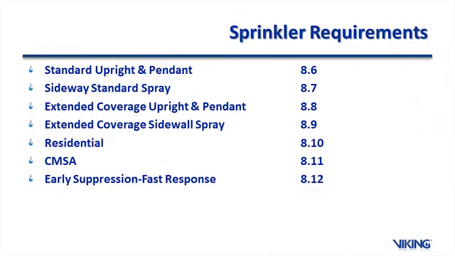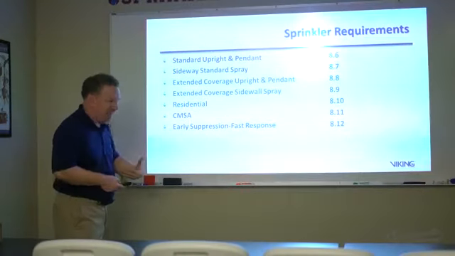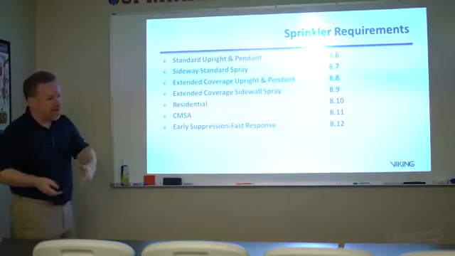So you apply all the general rules before that, 8.1 through 8.5, and then you apply standard spray pendant and upright. Not sideway, but sidewall sprinklers, that should be changed. Extended coverage sidewall, residential, CMSA, and early suppression fast response. Those are the ones we have in the standard right now.